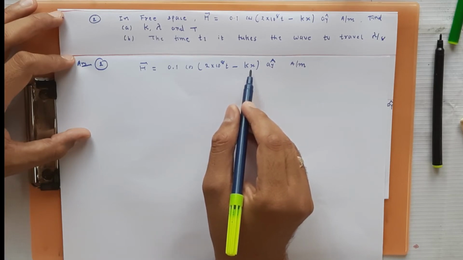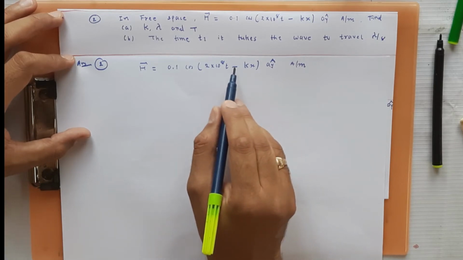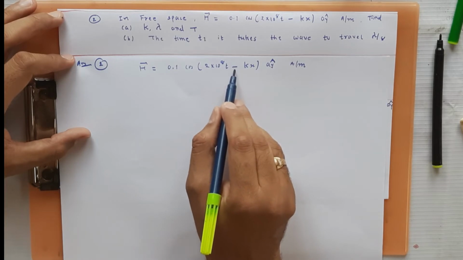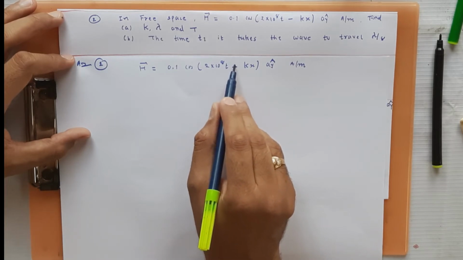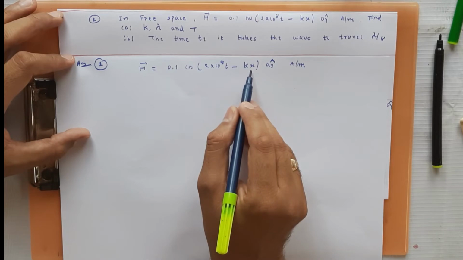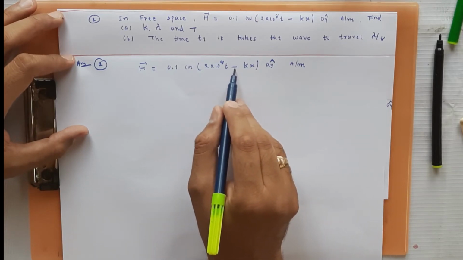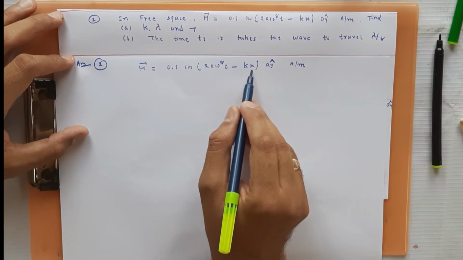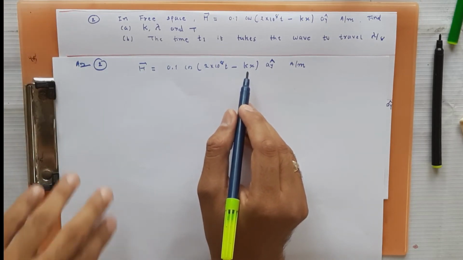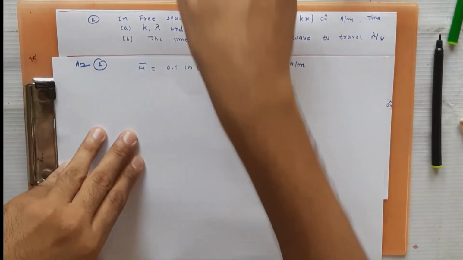Keep in mind, if in the example it were a plus sign instead of the negative, the wave would propagate in the negative x direction, but here it is given a negative sign, so the wave propagates in the positive x direction. Again, I have to compare it with our standard equation.